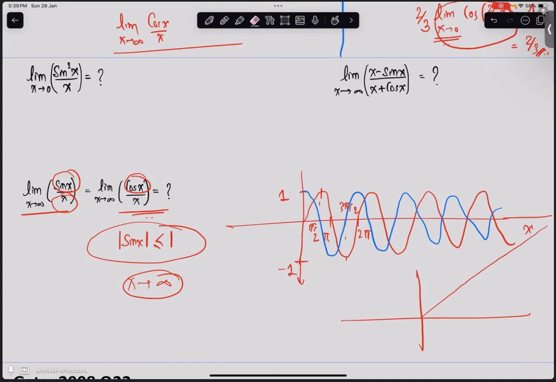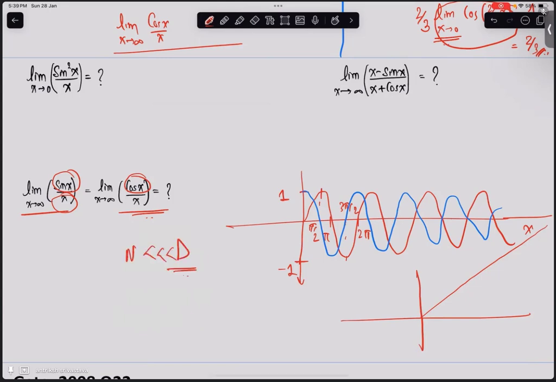So at x tending to infinity, the denominator is going to be very high compared to the numerator. So what do we know in case of that fraction? When numerator is very low compared to denominator, then we can give the value of that fraction as 0, right? So the value for this expression is going to be 0.